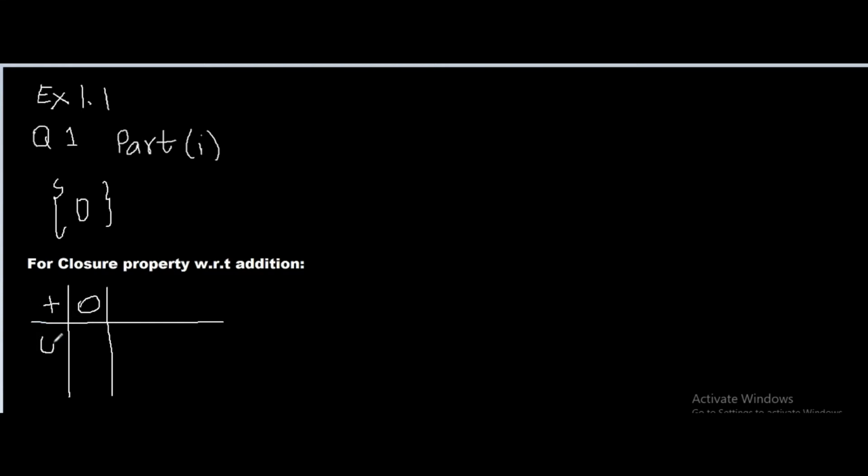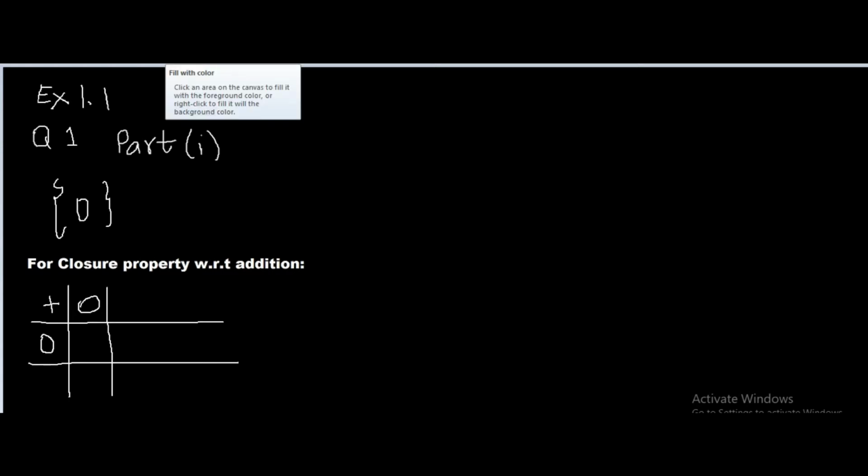For example, the first entry is 0. Which is the next entry? There is no other entry, so only 0. Now you have to consider this box, which is for the output of these two. Since we are going to apply the plus operation, you have to use the plus operation in this box.